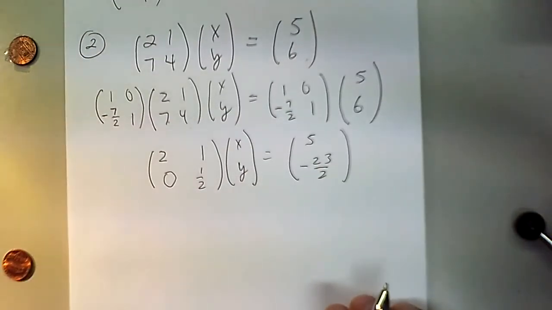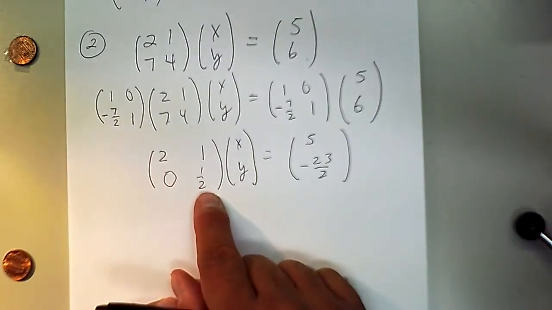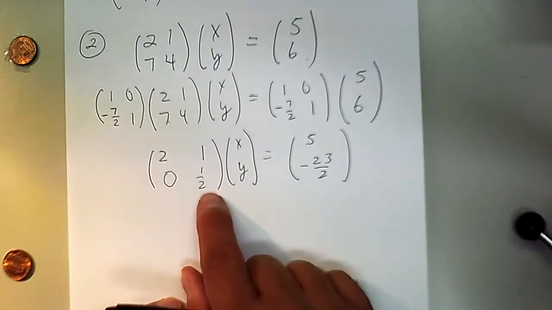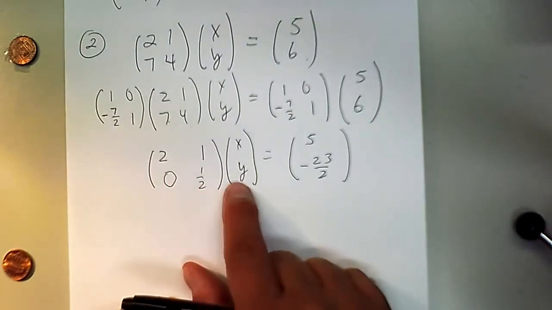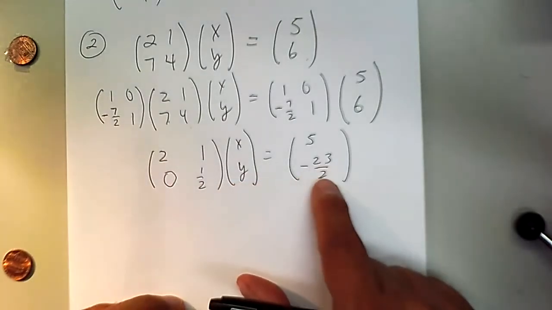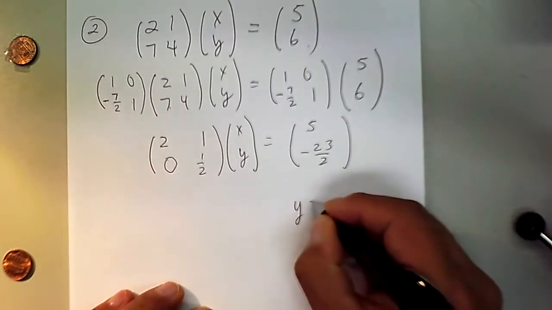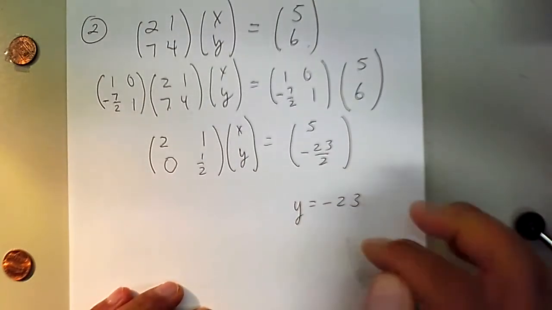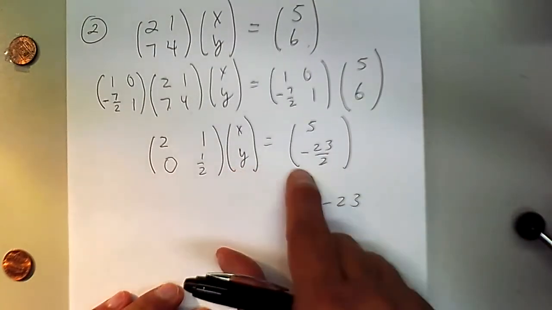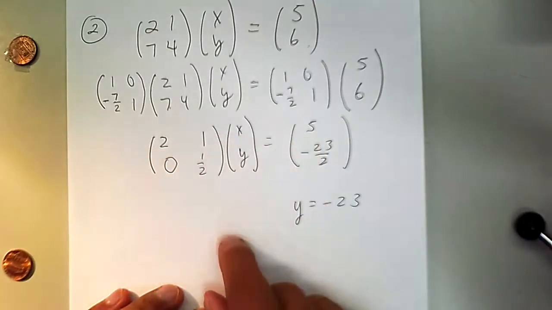All right. So we succeeded at having an upper triangular matrix that gives us a direct shot to figuring out y, because half of y is negative half of 23. Well, that means that y has to be negative 23. Again, that is a direct shot. And 2x plus y equals 5.